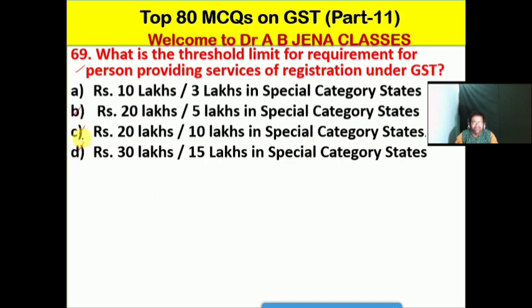D, it's rupees 30 lakhs or 15 lakhs in special category states. So friends, C is the right option for this MCQ. Rupees 20 lakhs, or 10 lakhs in special category states, is the threshold limit for registration requirement for persons providing services under the GST Act. So friends, C is the right option for this MCQ.